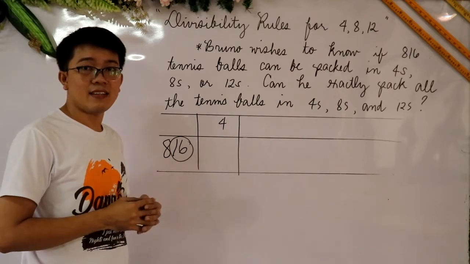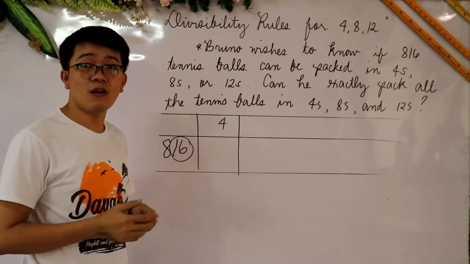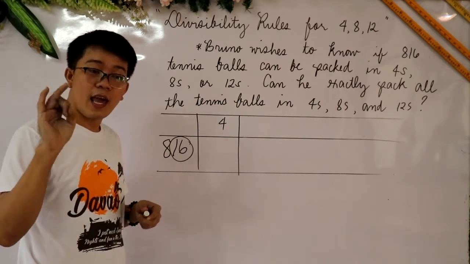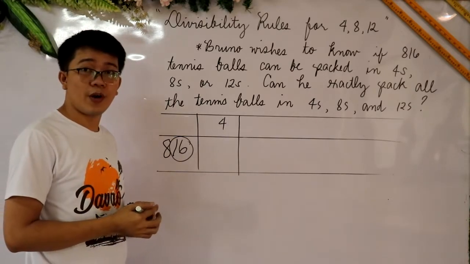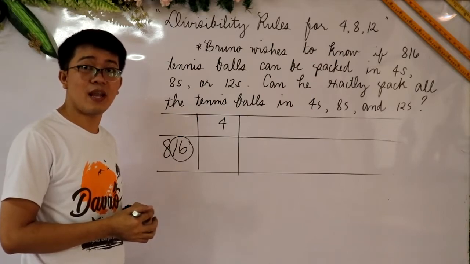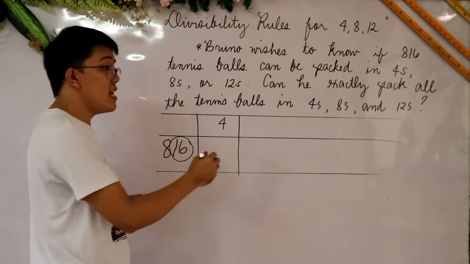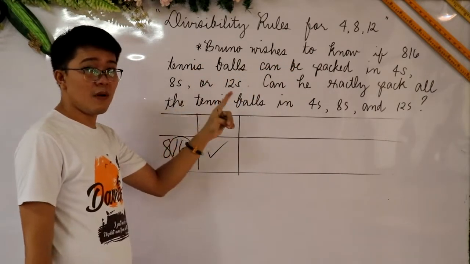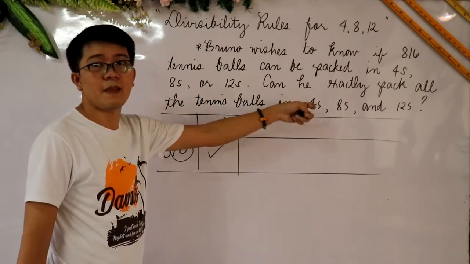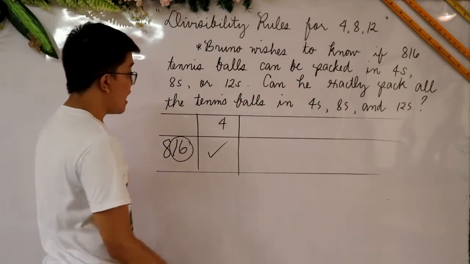I know that it is a multiple of 4 because 4, 8, 12, 16. You see? So the number formed by the last 2 digits is divisible by 4. So it means that 816 tennis balls can be packed by 4 exactly. How about 8?